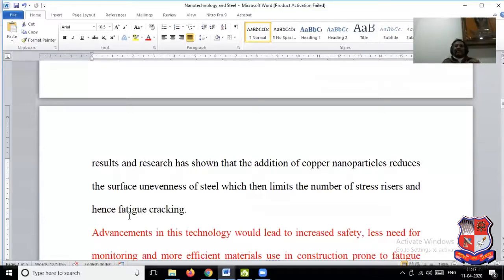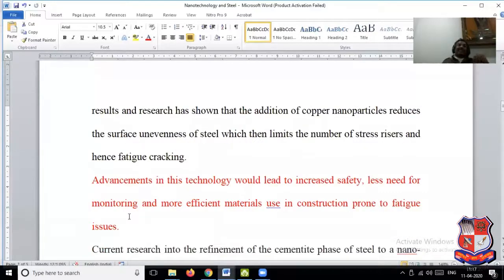For example, research has shown that addition of copper nanoparticles reduces the surface unevenness of steel, which then limits the number of stress risers and hence fatigue cracking. So by just adding copper nanoparticles, you can easily enhance the lifespan of steel. Otherwise, this steel would have fatigue cracking, but by adding copper nanoparticles you can easily avoid it.